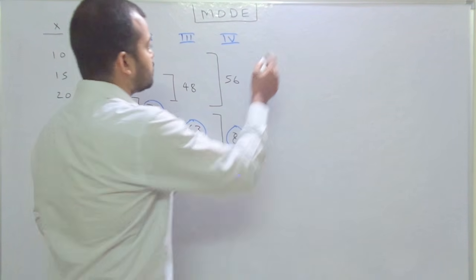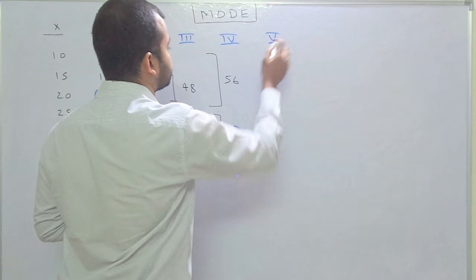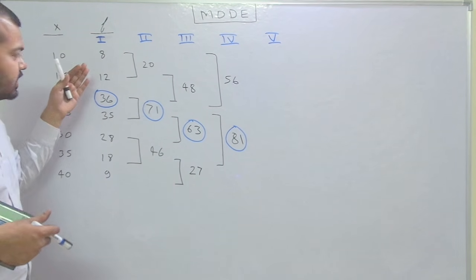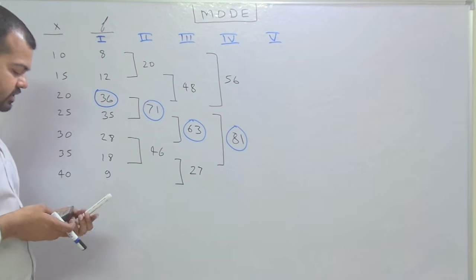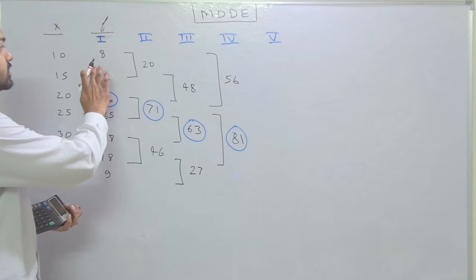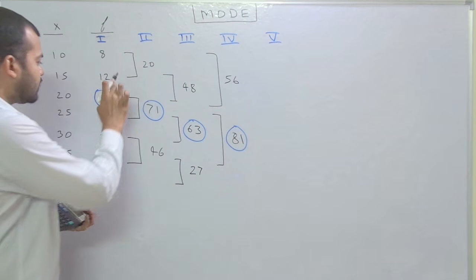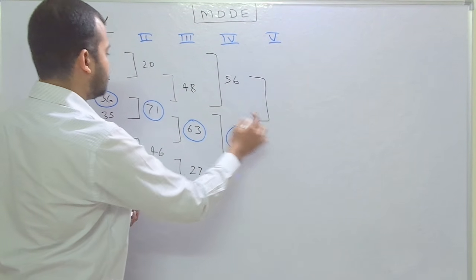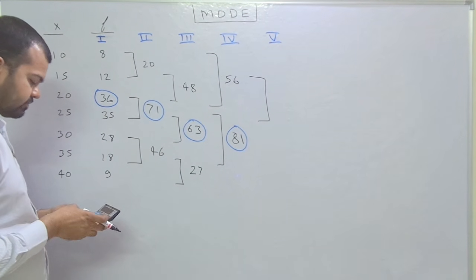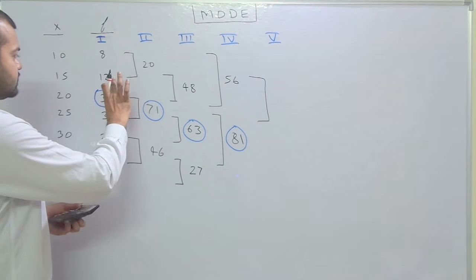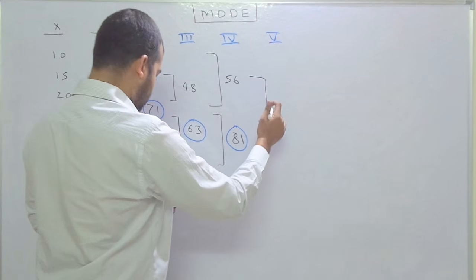Now we draw the fifth column. This is very simple: leaving the first one, add the remaining figures in stacks of three. So 12, 36 and 35 give 83.